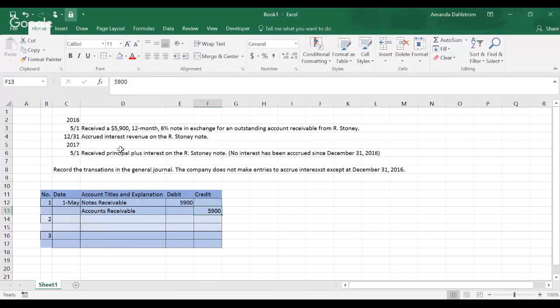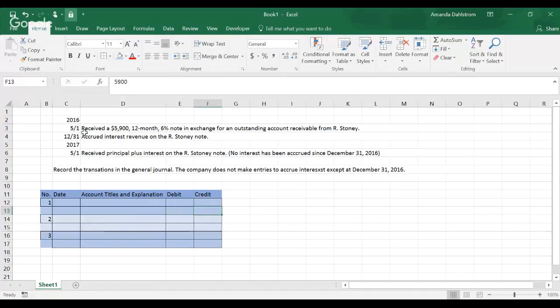So, anyways, we are doing exercise 811 today, and let me go ahead and clear this out. What we're doing is we have a list of events that have occurred, and we're going to record the transactions in the general journal.